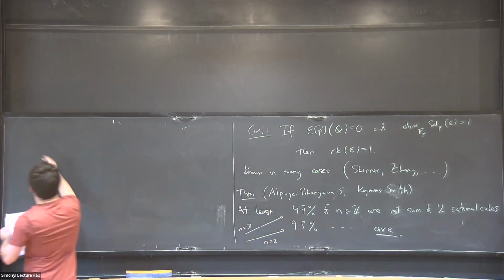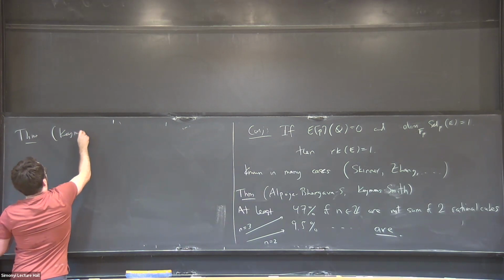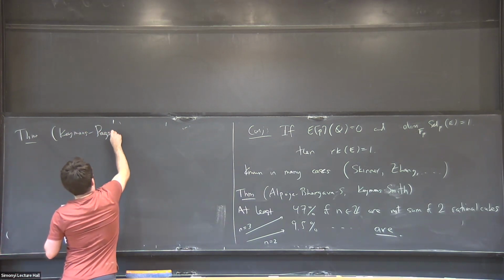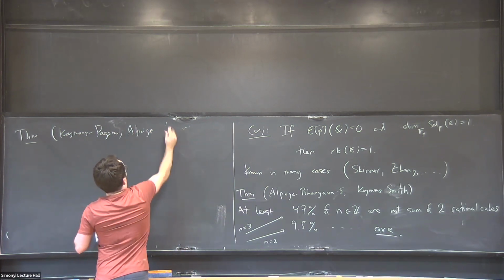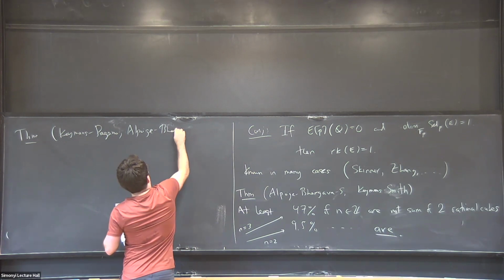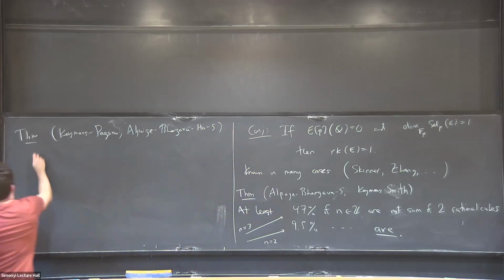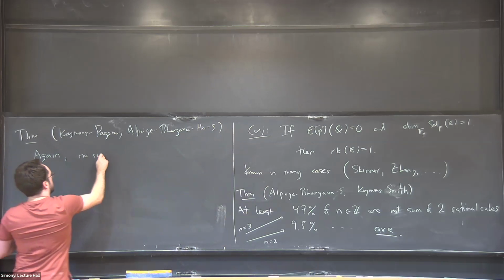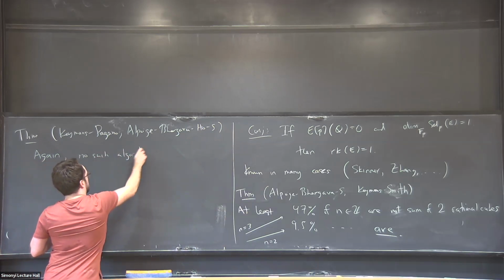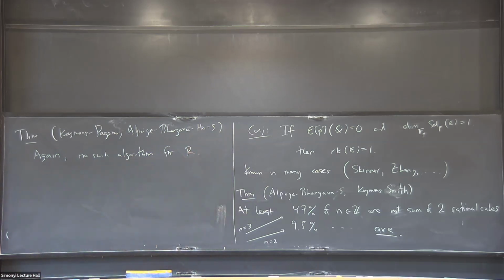The theorem is by Koymans, Pagano, and then a separate proof by Alpöge, Bhargava, and myself. Again, no such algorithm exists for these infinite finitely generated rings.